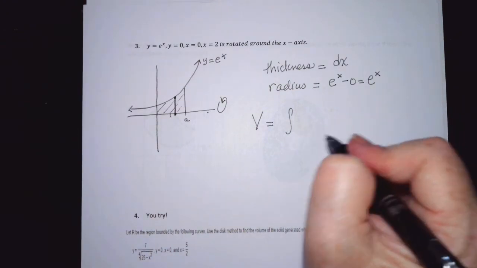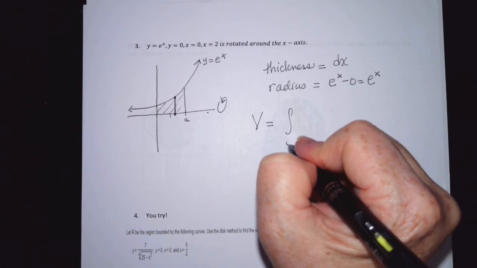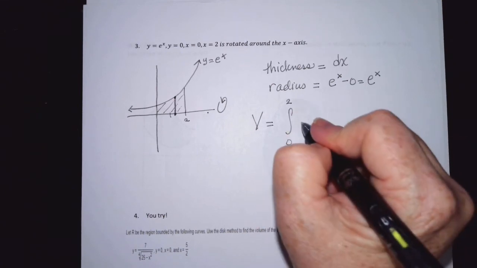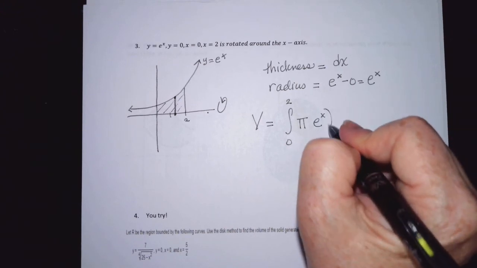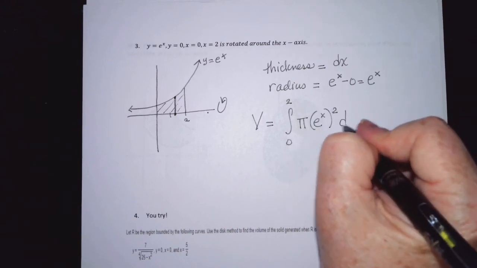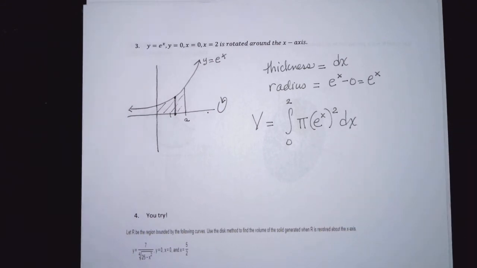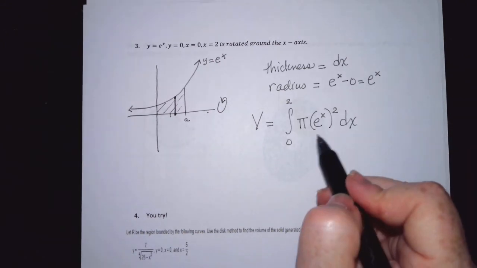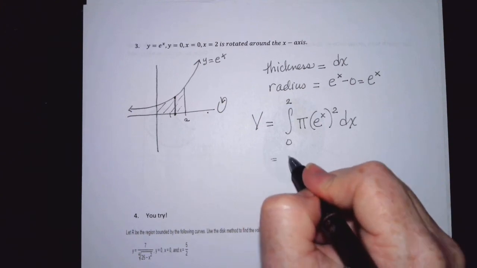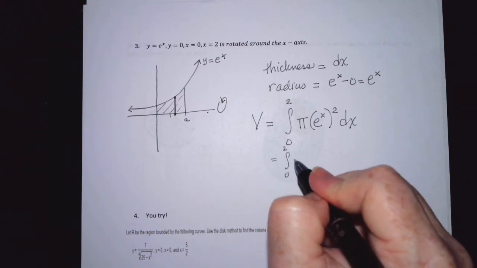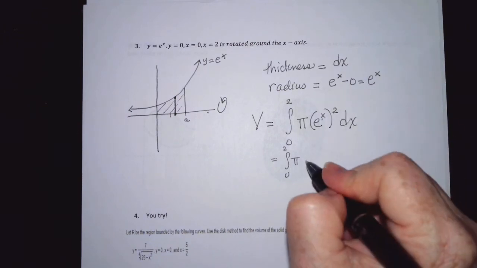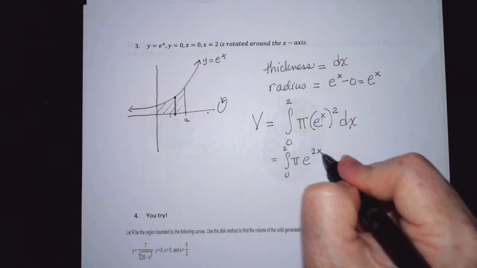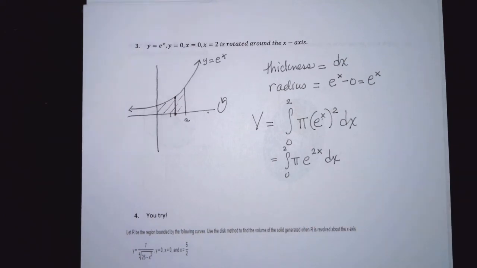So our volume will be what we get when we integrate from 0 to 2 pi r squared times the thickness. Now remember, when you're integrating this, that simplifies as the integral from 0 to 2 of pi times, when you take a power to a power, you get e to the 2x in this case, because power to a power, you multiply the exponents.